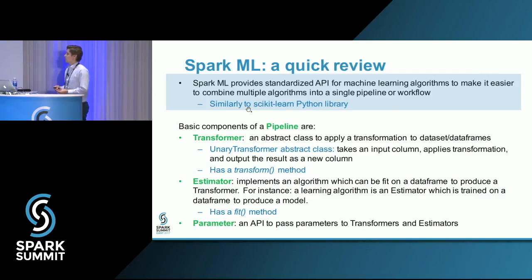So the two main components of SparkML pipelines are the transformer, which essentially we can think of as a user-defined function which acts on a column of a data frame and outputs the result of the transformation to a different column, and the estimator, which is usually any model which we feed data to, like Kmeans or an IDF.